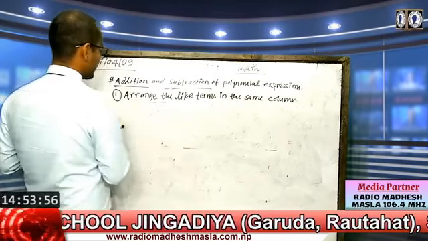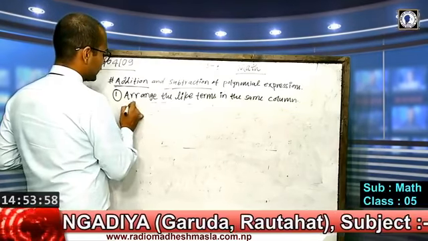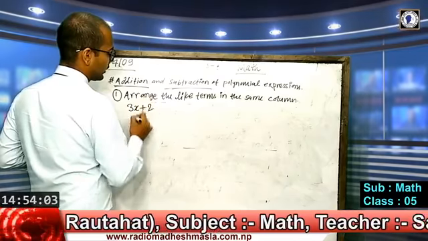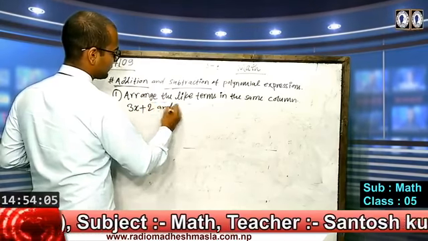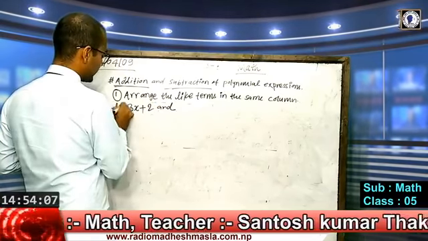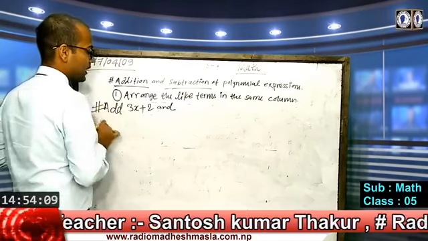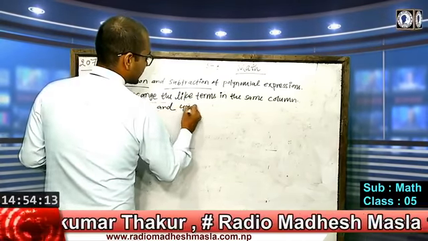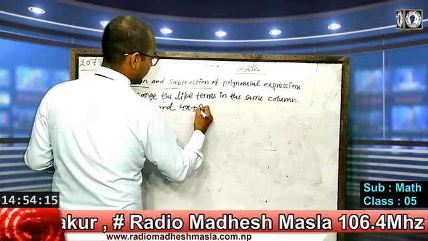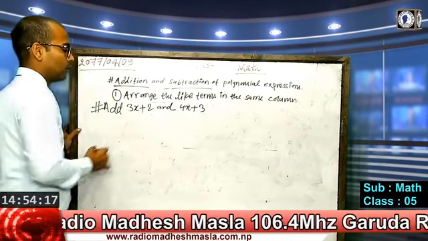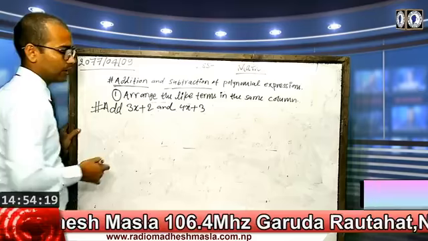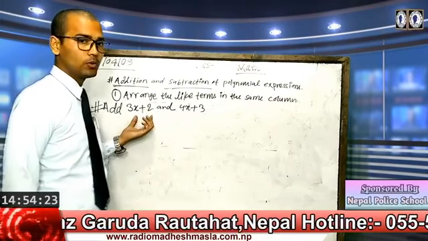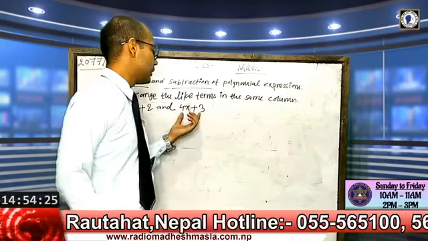Suppose sometimes you are given 3x plus 2 and 4x plus 3. Here we have two expressions, 3x plus 2 and 4x plus 3.